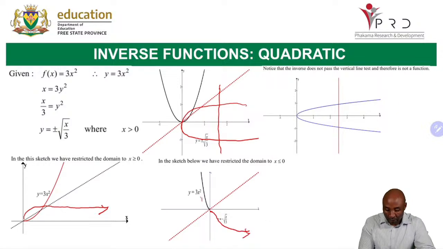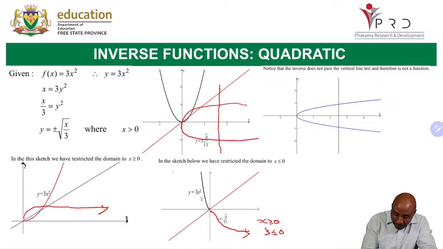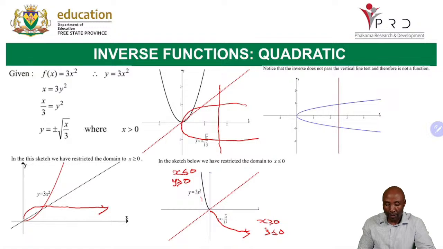So it's a reflection about, so this will be negative square root of negative x over 3, and our x is greater than or equal to 0. Our y is less than or equal to 0. Check here. Our x is less than or equal to 0. Our y is greater than or equal to 0. So that is why our domain has become the range, and our range has become the domain here. That's how it works for our inverse functions.